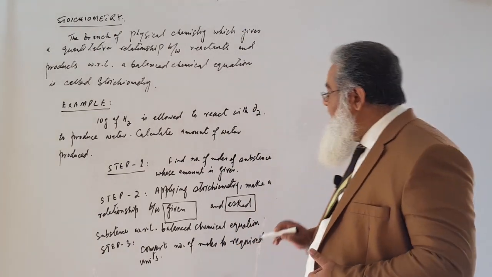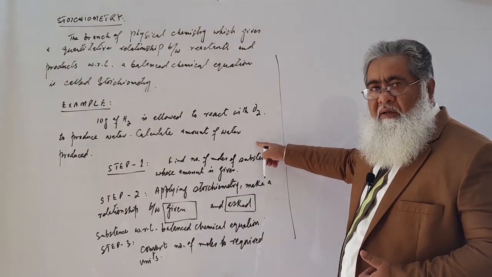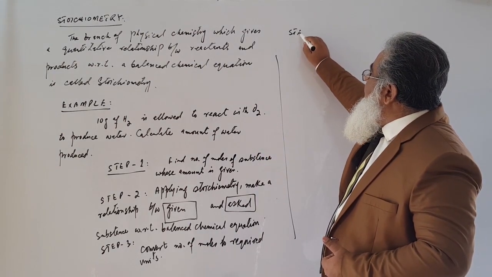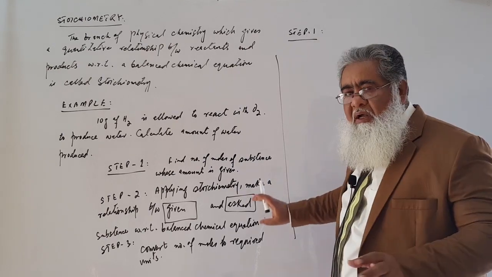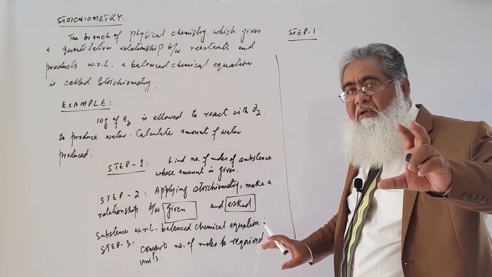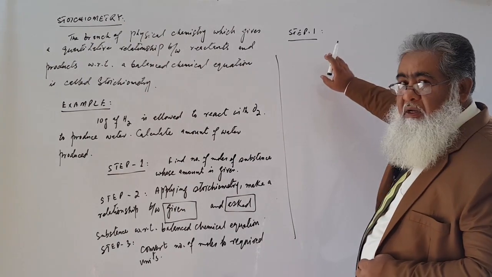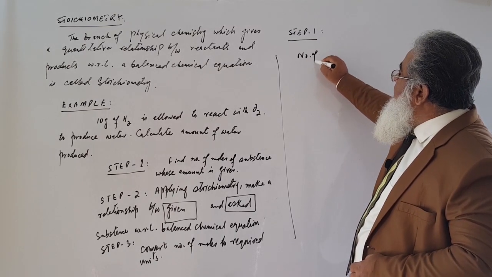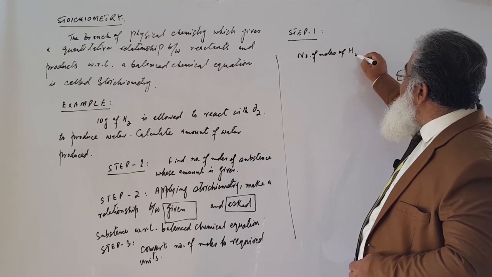Let's apply these steps upon this numerical. These steps are just for information; you will not write step 1 in the solution. What is step 1? You have to find the number of moles of hydrogen.